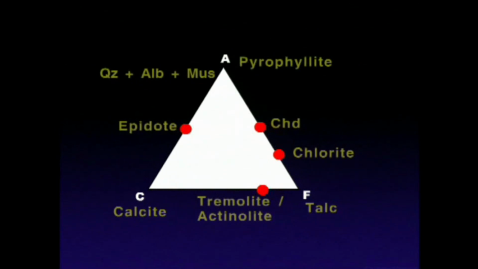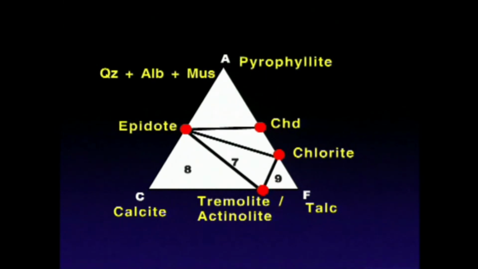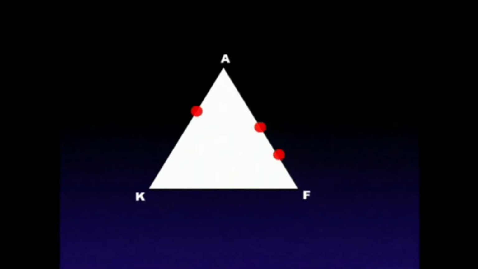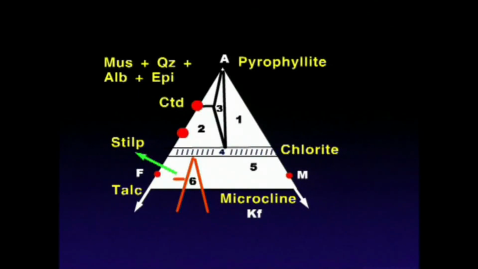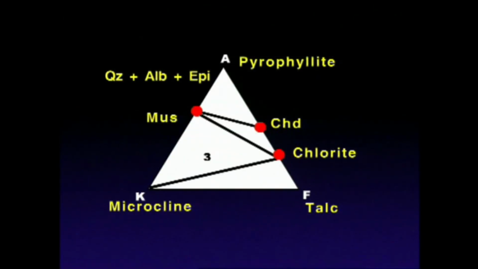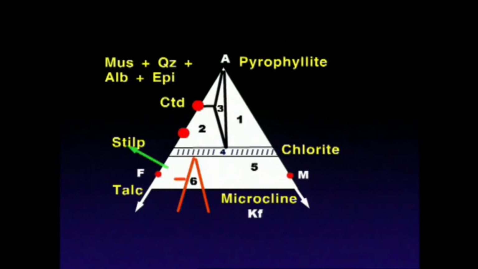For example, the ACF diagrams give the different assemblages like pelitic, basic, calcareous and ultrabasic. Similarly, in the AKF diagram, we can identify the pelitic as well as quartzo-feldspathic assemblages, and with the help of AFM diagrams, we can recognize only the pelitic assemblages.